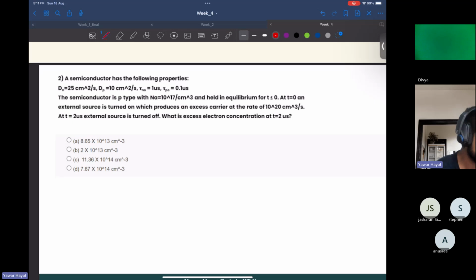At t equal to 0, an external source is turned on, which produces an excess carrier at the rate of 10 to the power 20 per centimeter cube per second. At t equal to 2 microseconds, the external source is turned off. You need to determine what is the excess electron concentration at t equal to 2 microseconds.